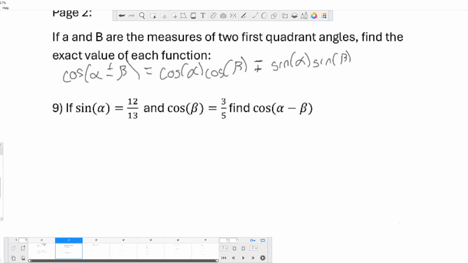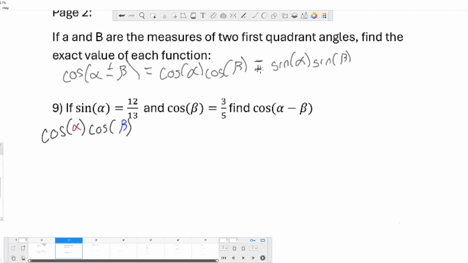So the formula is going to turn into cosine of alpha, cosine of beta.